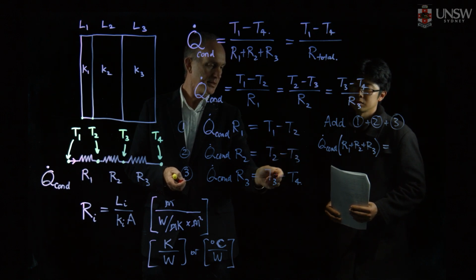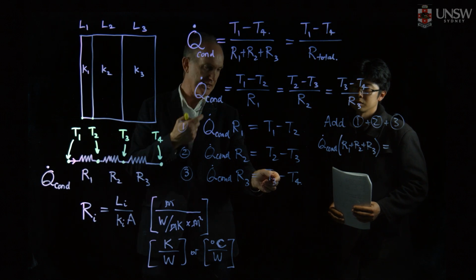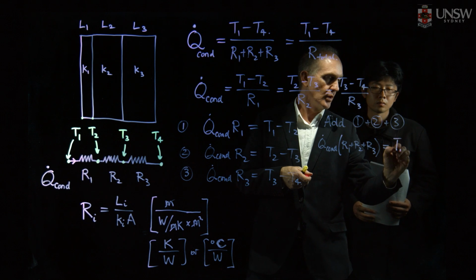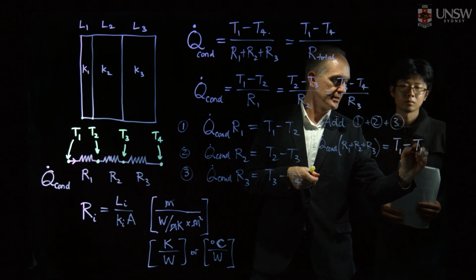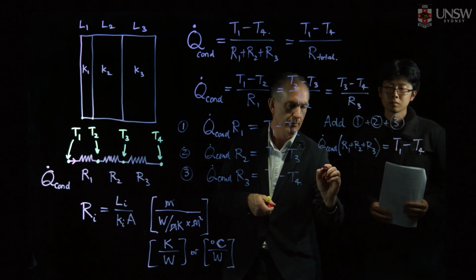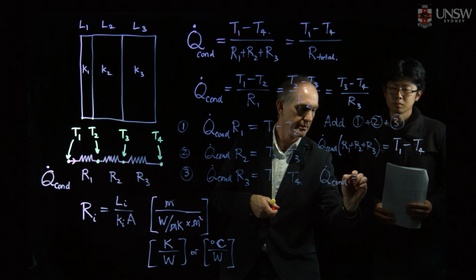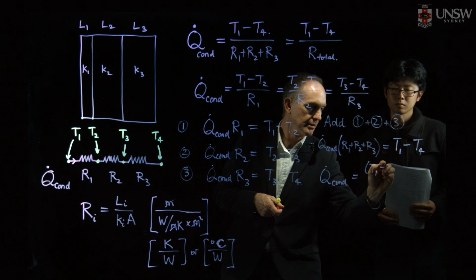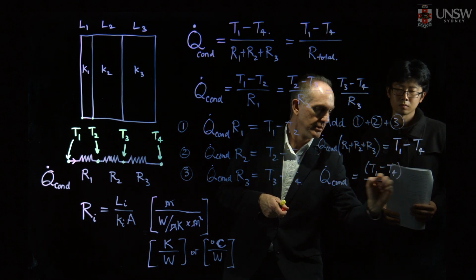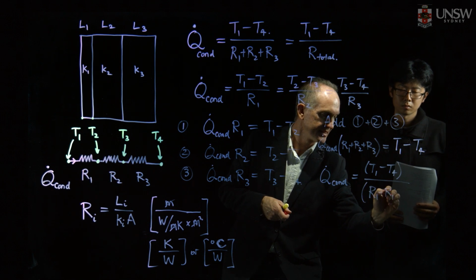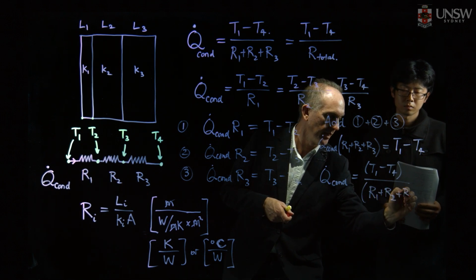Minus T3 plus T3, they're going to cancel. But we're just left then with T1 minus T4. And then we just simply rearrange that to give us the answer that we were looking for from the start. Better get that right.